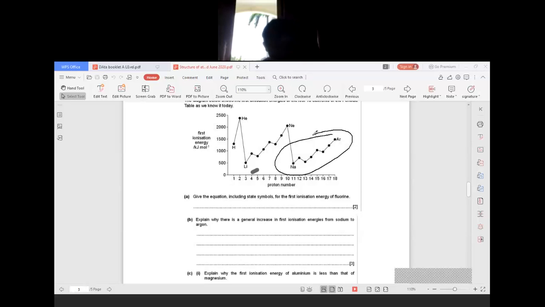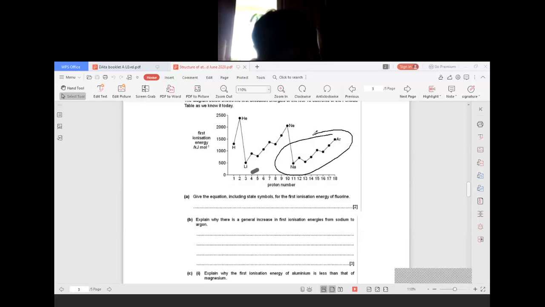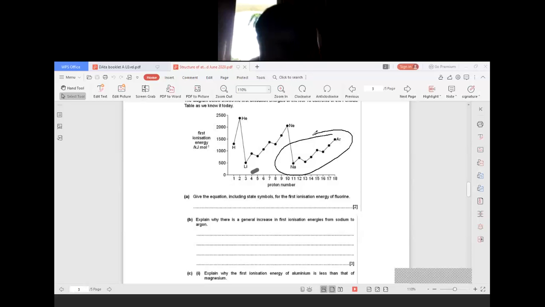Sodium is located on the most left and argon is located on the most right. From sodium to argon, there's an increase in the number of protons and electrons. As a result, there would be more electrical charge, and so a greater ionization energy will be required to take the electrons away.